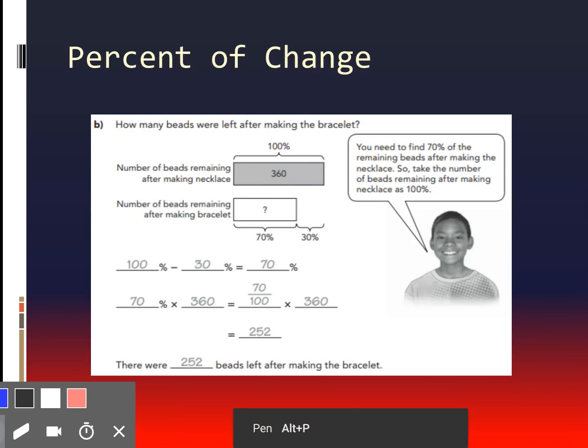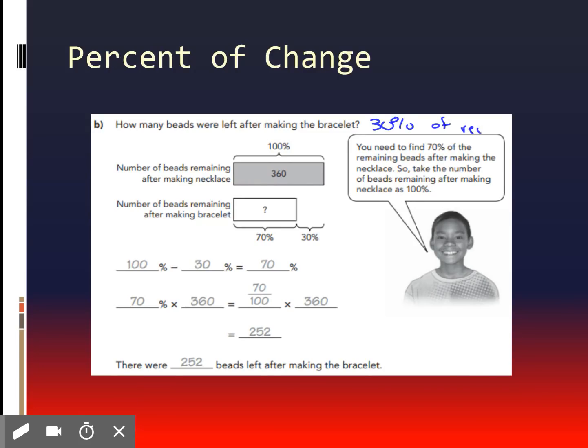Okay, so in part B, they're saying how many beads were left after making the bracelet. So if you remember from the first part, it said that she used 30% of the remaining beads. And what was remaining was 360. So we're using 30% of that, and they want to know what's left over.